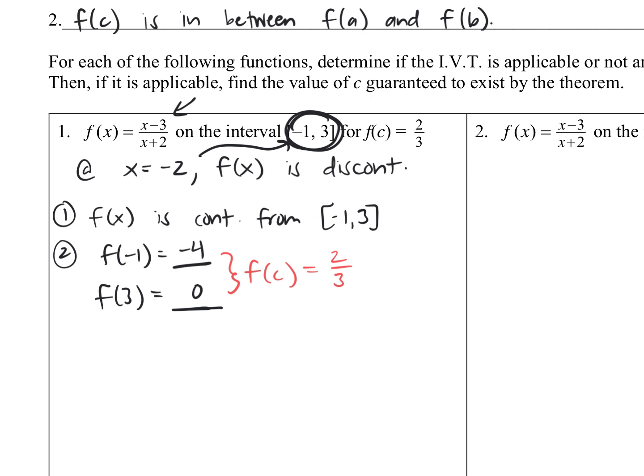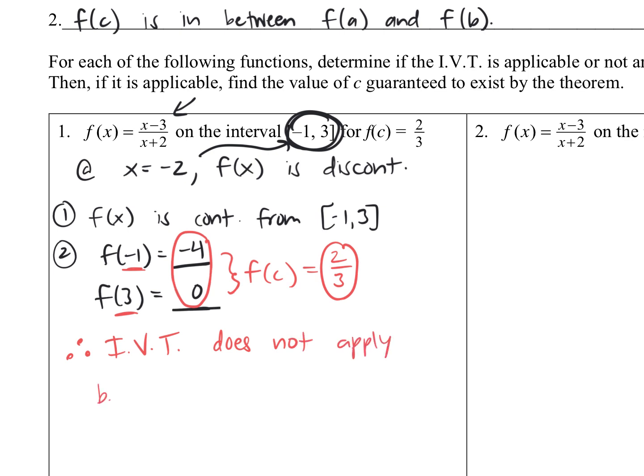If we think about my x values, yes, it's in between my x values, but I care about my y values here because this is f of c. So these are the values that I'm looking at. Is it in between? Okay, does that make sense? So we would say here that, therefore, the intermediate value theorem does not apply. Again, that justification piece is what gets you that extra point if you're taking the AP test, so you get the full credit on this question.